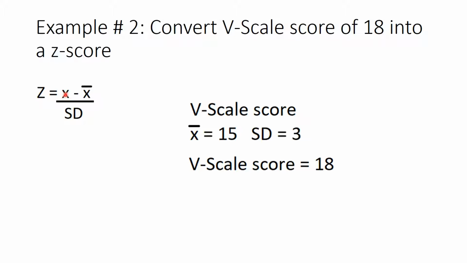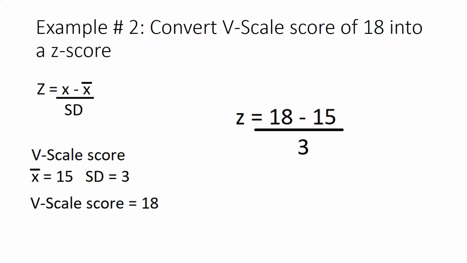And then after that, we have to plug in the mean of v-scale score, since we're plugging in a v-scale score right here for this x. And so the mean of v-scale score is 15. And then we've got to plug in the v-scale score standard deviation, which is 3. And so that should look just like this. Z-score equals 18 minus 15 over 3.